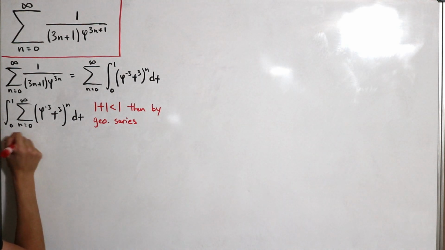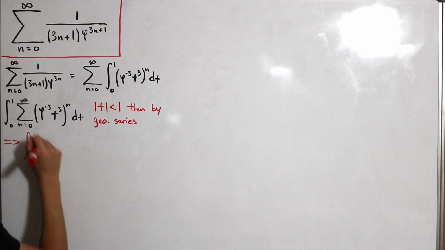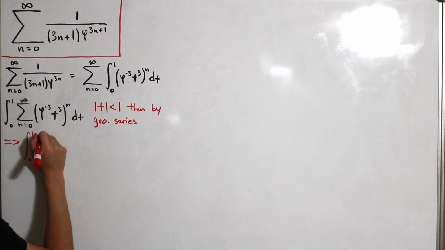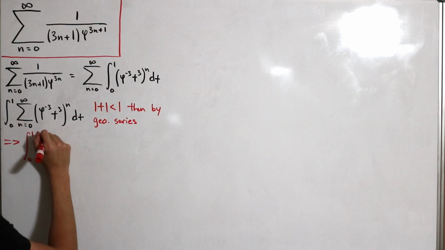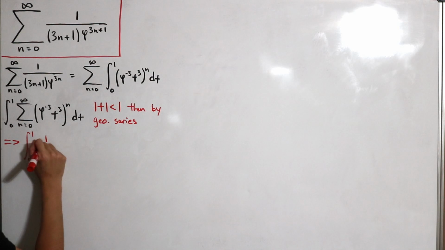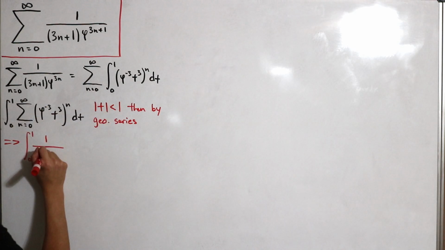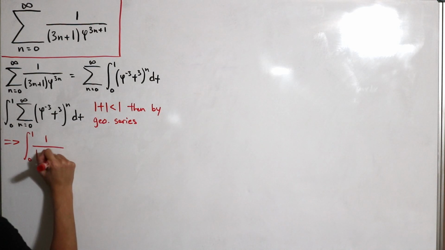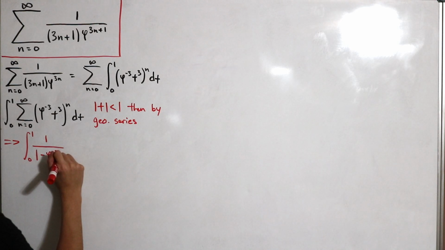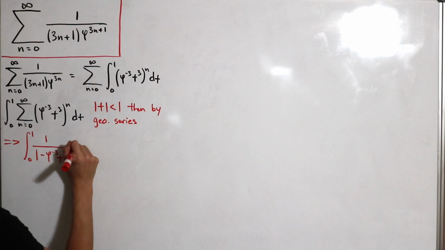Over here we have that this is just the integral from 0 to 1 of, well, converting the infinite sum, it would be 1 divided by 1 subtract the common ratio, which is phi to the -3 times t to the third power, dt.